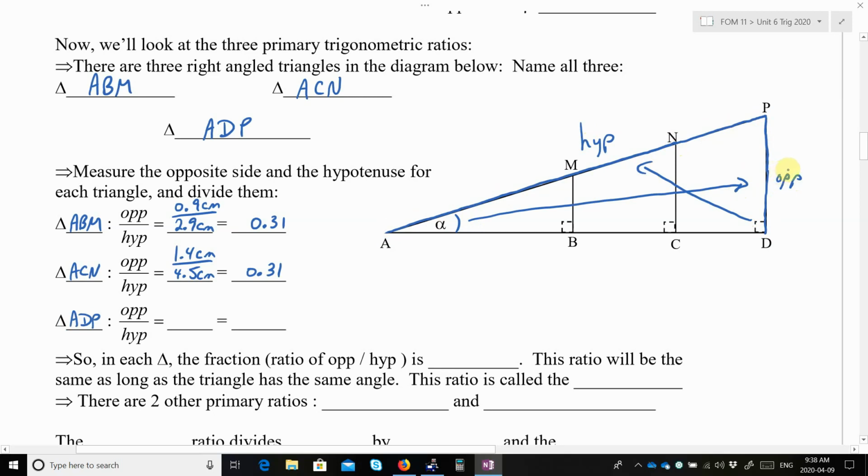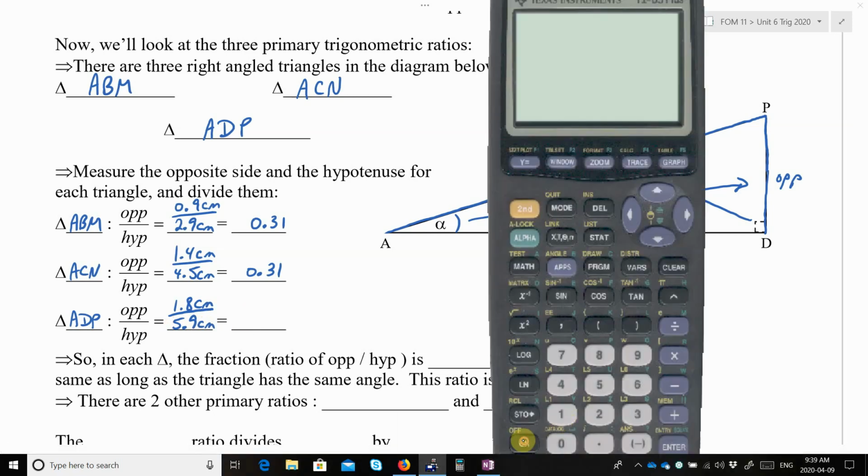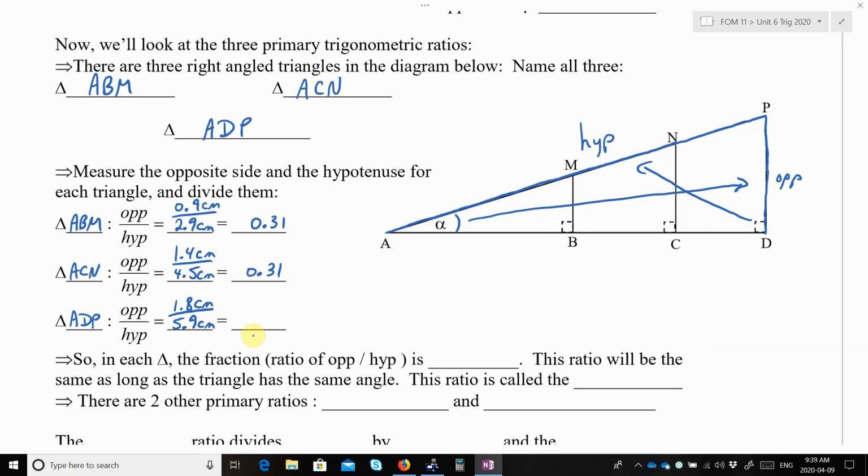If you measure the opposite with a ruler, you get 1.8 centimeters, divided by the hypotenuse, which is 5.9 centimeters. And lo and behold, look at what we get again to 2 decimal places: 0.31.